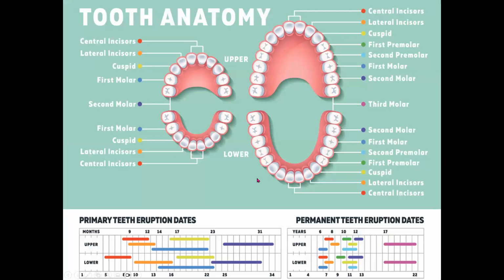I don't know if you know that the baby teeth, there are 20 of them, and adult teeth, there are 32. Most of the baby teeth are deciduous, they fall out. But some of them stay, the molars stay behind, and then the others grow.